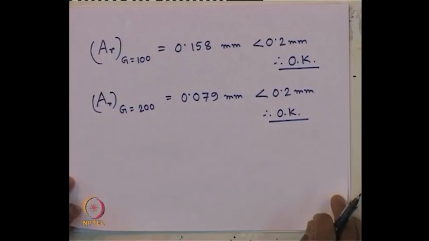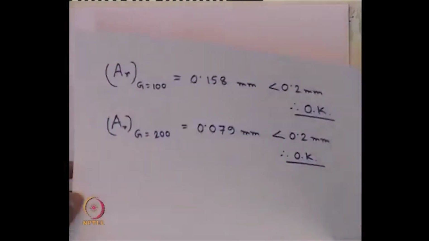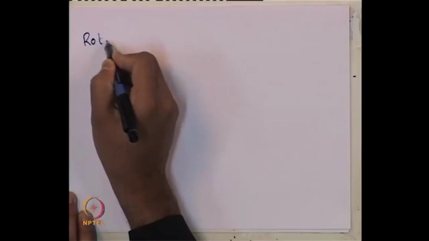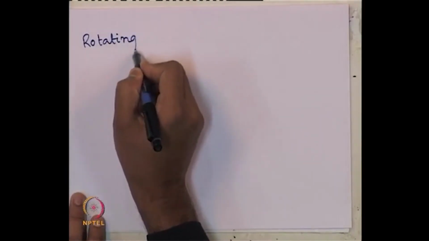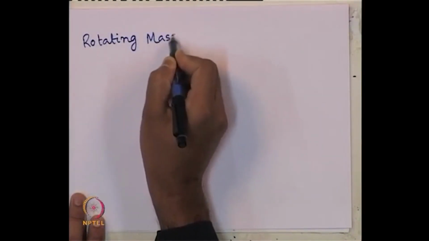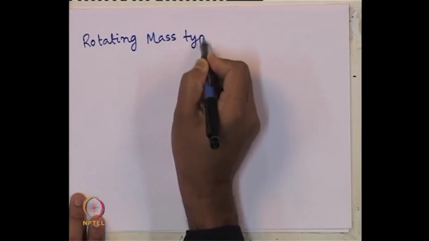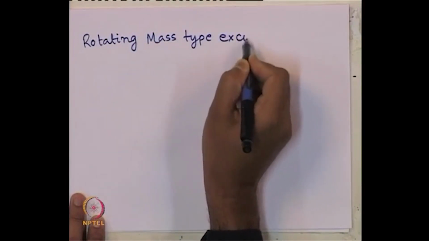Now, if we consider the other case, that is rotating mass type excitation, what are the values of this displacement amplitude? Let us see. So, rotating mass type excitation.